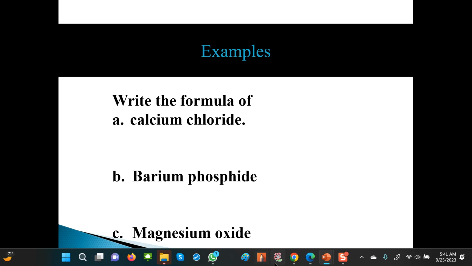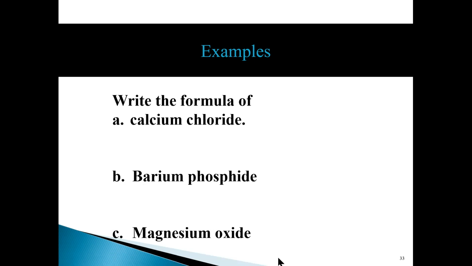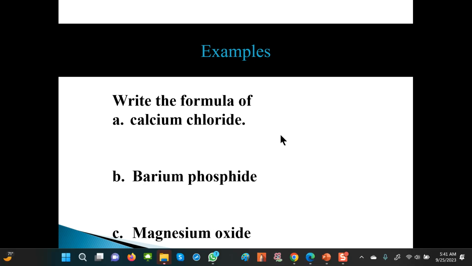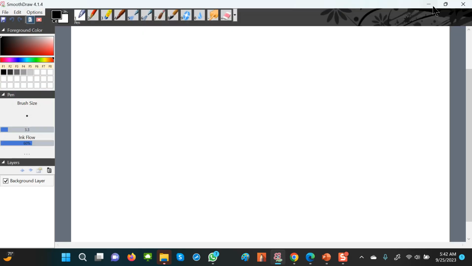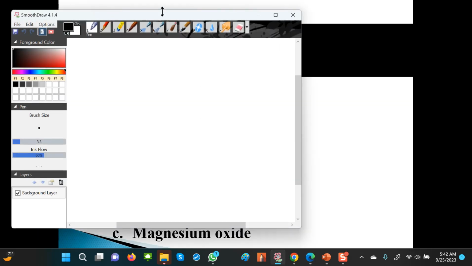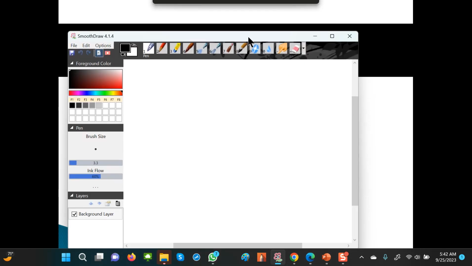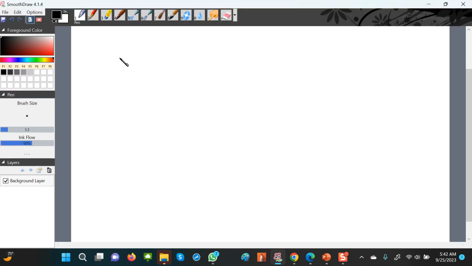So let me see here. Let me use this writing pad right here. Okay, so the first one is calcium chloride, all right? So when you go to the table, you're going to look up the formula for the calcium and chloride ions.